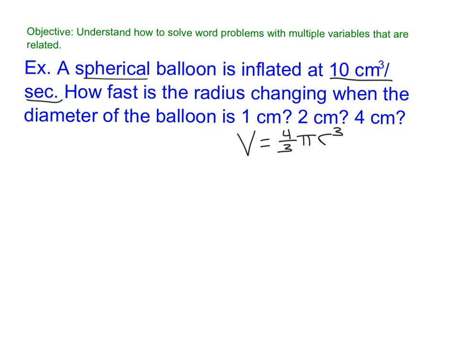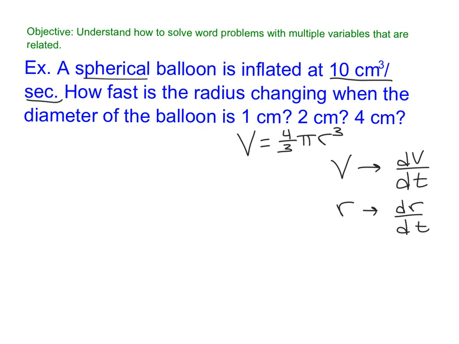It wants to know how the radius is changing. So things that we look at, we need the initial, and then a lot of times we need the derivative. When we're doing these problems, you really want to think of it as implicit. So if we have v, its derivative is dv dt, because we're doing things in terms of time, not x. If we have r, then it's dr dt.